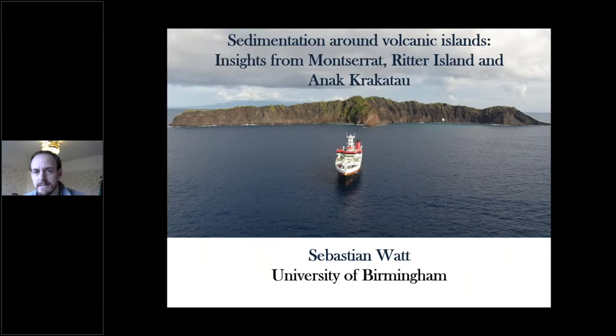The types of events that I want to focus on are particularly the large-scale lateral collapses of volcanic islands: what we can learn about those processes from looking at the marine sedimentary record of these events, and what we've learned as well about how these events behave when they interact with the seafloor around volcanic islands.